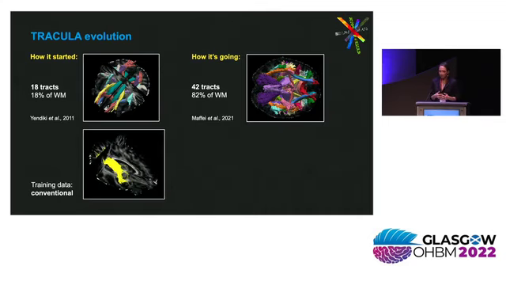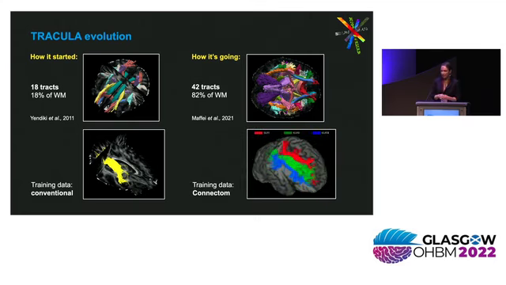In the old version, we had training data that came from annotating the tracts manually in conventional scans of that era. And this is an example of what the SLF, the entire SLF, looked like that we could get in one of those old scans. These days, we are using manually annotated examples of the tracts from scans that were acquired on the Connectome scanner at MGH.